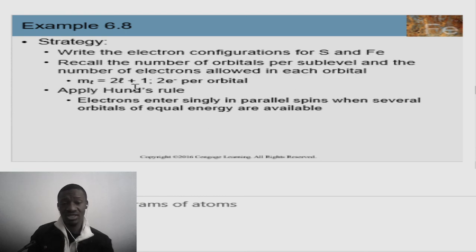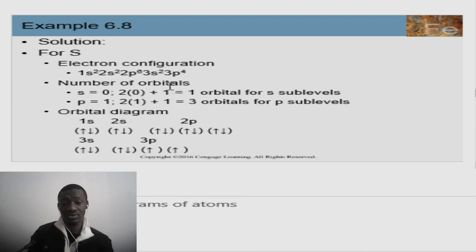So for p, l is 1, multiplied by 2 plus 1 is 3. Then for d, it's 2 multiplied by 2, which is 4, plus 1 is 5. And then for f, 3 multiplied by 2 plus 1 is 7. Hence it's 14. That's how we get the values I told you previously about the amount of electrons that can be contained in orbitals.